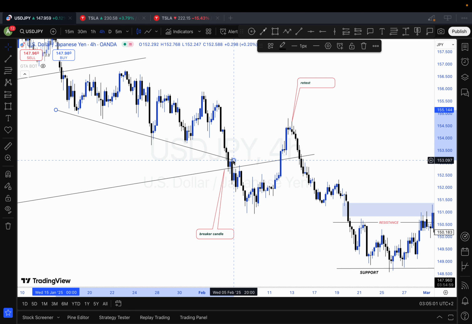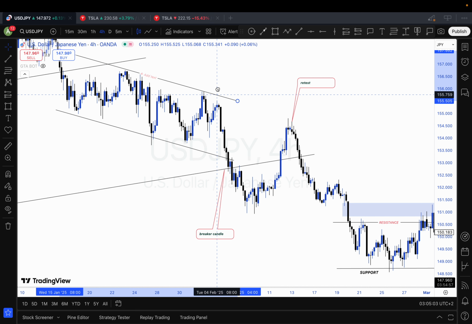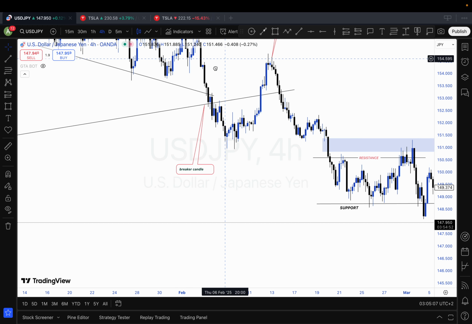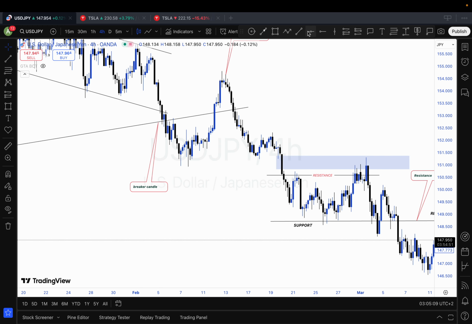We can see this over here as well. We can see this resistance, the support, and then everything. So in a way, understanding a simple resistance and support is going to give you that understanding of breakouts and breakout and retest. Can we see breakout to the upside, breakout, break below, breakout, break below?